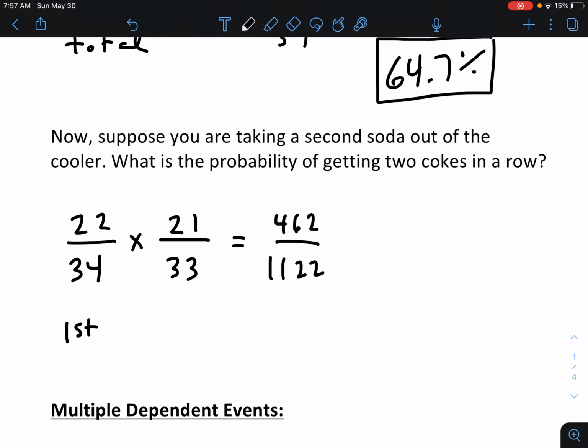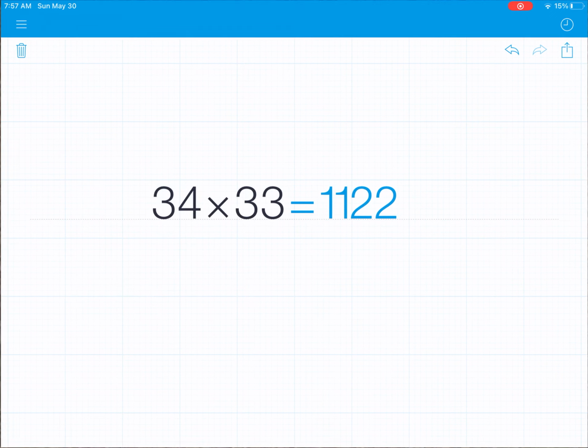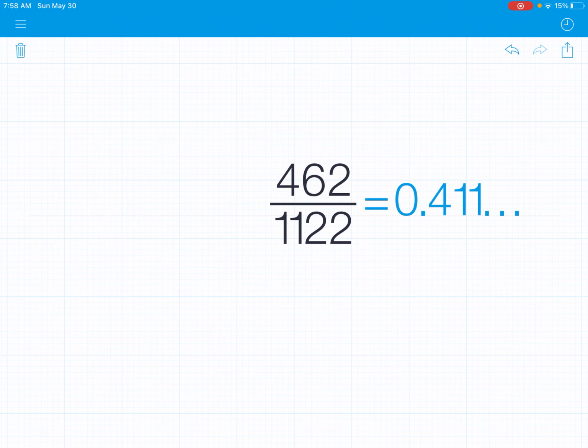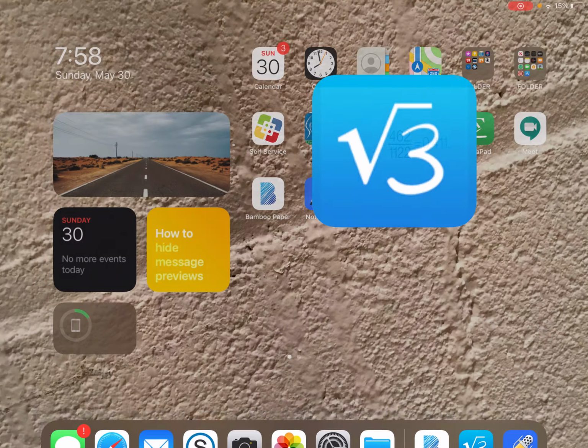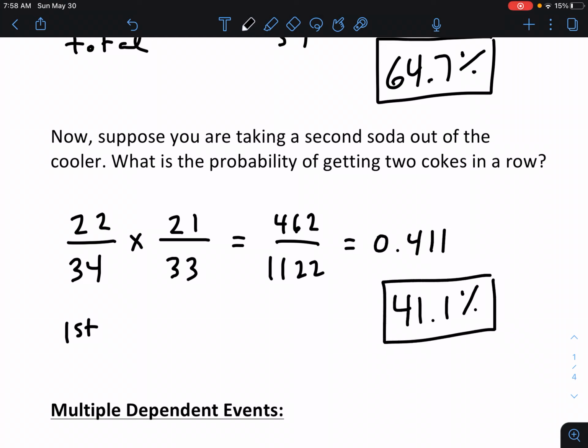And you might think, wow, these are really crazy big numbers, but it doesn't matter because we're just going to use a calculator to do the calculating. So we have 462 divided by 1,122, 0.411. All right, so we have 0.411. And so we can move our decimal and create a percentage of 41.1%. So the probability of picking 2 cans of Coke in a row out of the cooler is 41.1%.